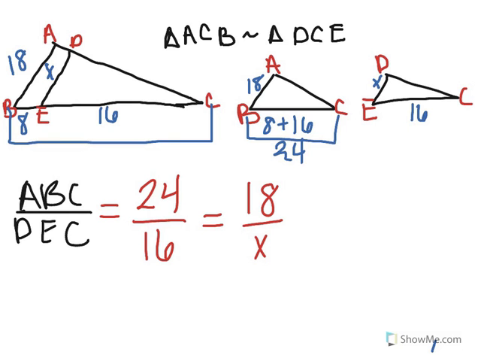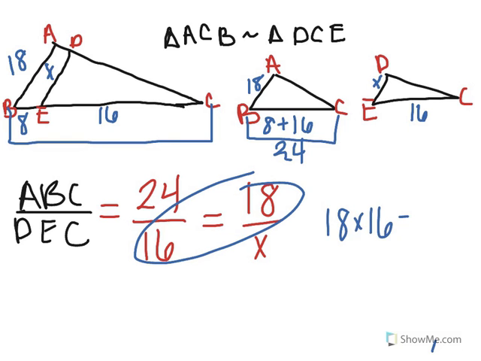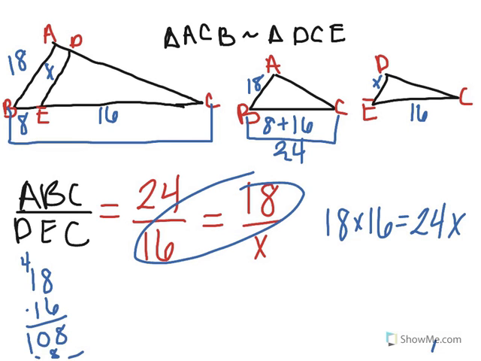So I'm going to cross multiply to solve. So I'm going to have 18 times 16 equals 24x. I'm going to multiply first. Alright, 18 times 16, I get 288.